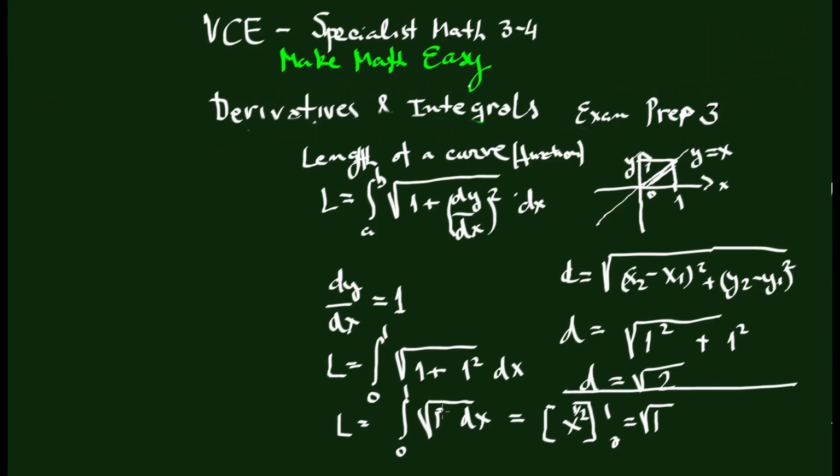Here is square root of 2 dx, so square root of 2 times x, from 0 to 1, so square root of 2 times 1 minus 0. Square root of 2, sorry. That's square root of 2.